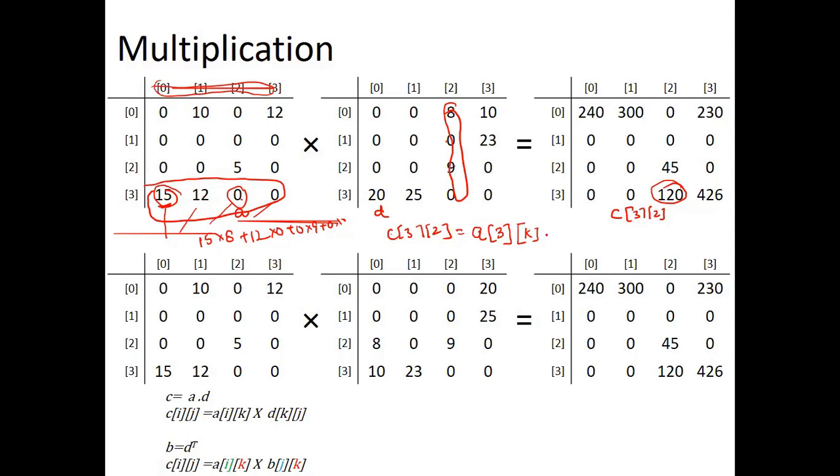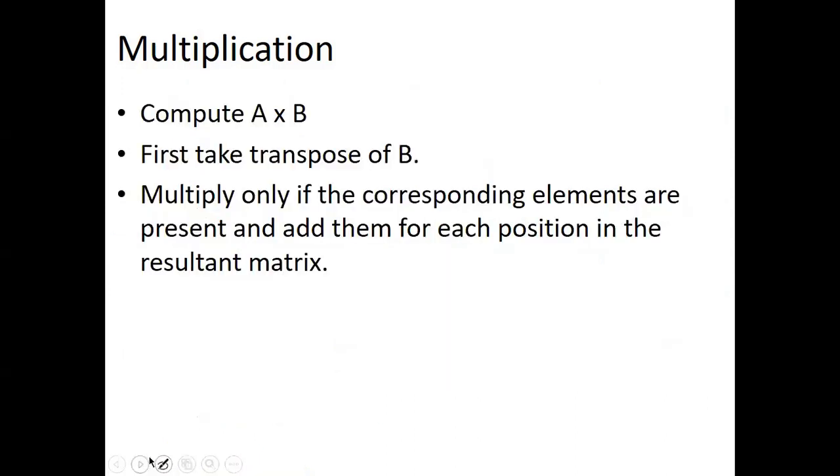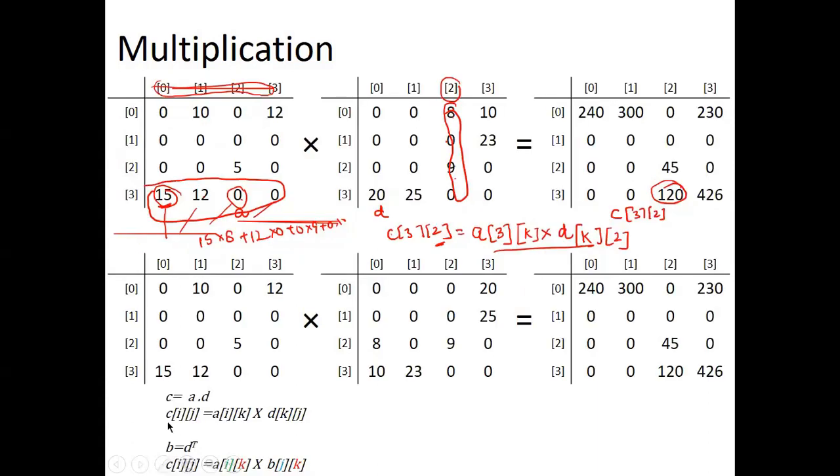Then I multiply this by the entry of the D matrix, keeping its column the same, that is 2, while K varies 0, 1, 2, 3 vertically. That is the row value, which will be varying.